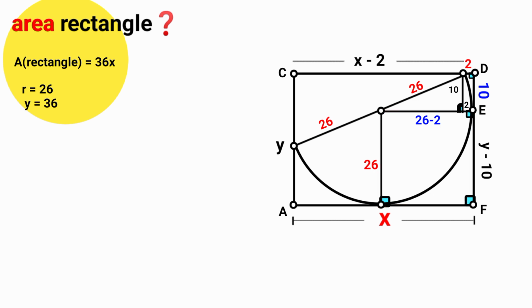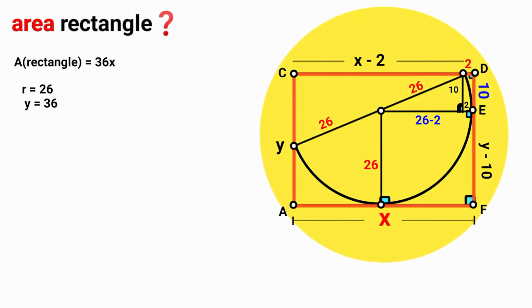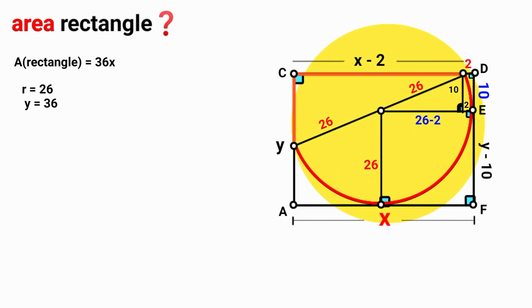What is the value of x? x is the length of this side and this side of this rectangle. Since it is a rectangle, that will mean this angle is a right angle, because all four angles of a rectangle are right angles. But this angle at the same time is subtended by this semicircle.